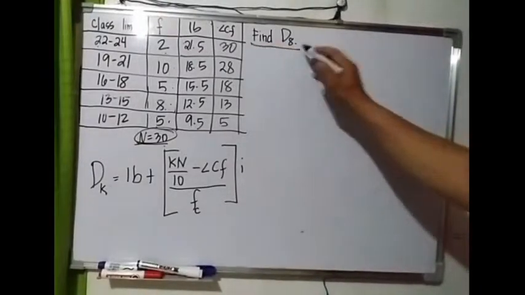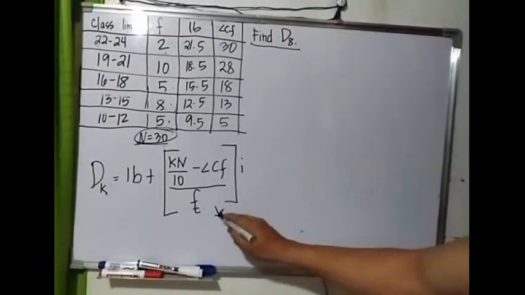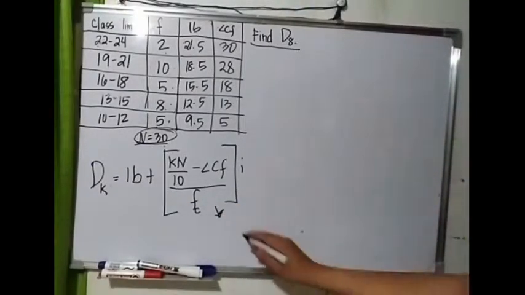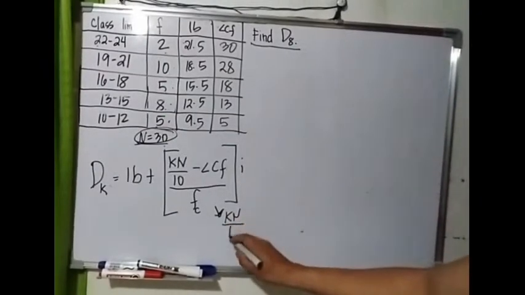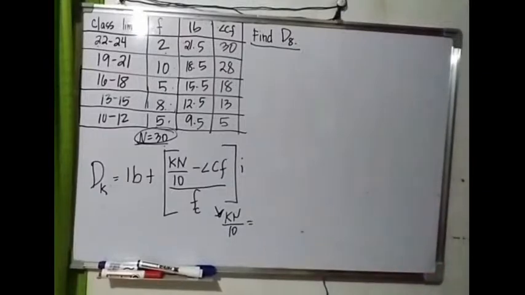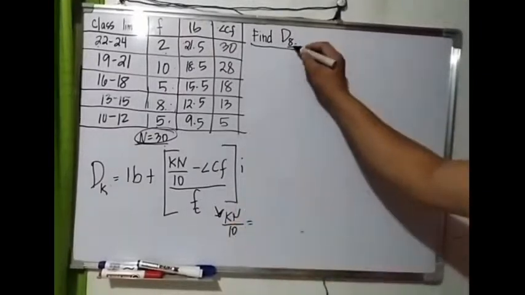Question, find d sub 8, decile 8. So we will use this formula. So first, the same with quartile, hanapin muna natin yung k times n over 10, decile, so meaning 10. So k, what is the value of k? That is 8.